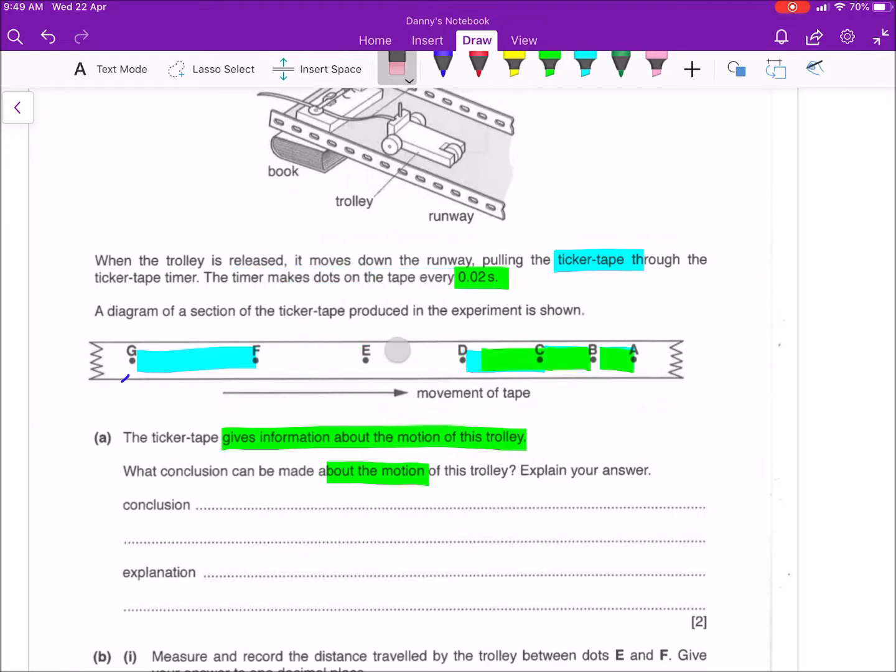So it means that the trolley must have been accelerating. So what I can conclude, number one, is that the trolley is accelerating. That is my conclusion.